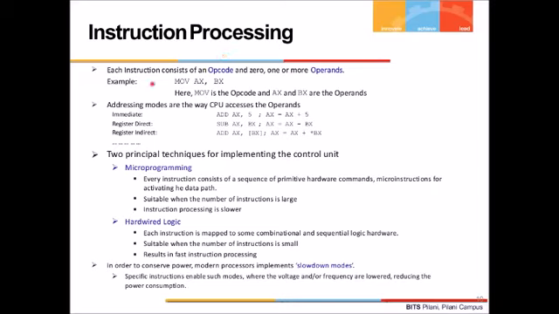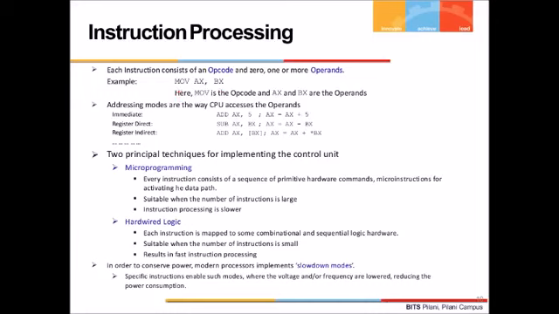So again, we'll continue with the instruction processing. Each instruction consists of an opcode and 0, 1 or more operands. For example, MOV AX, BX. This is an x86 instruction, x86 being an Intel architecture.